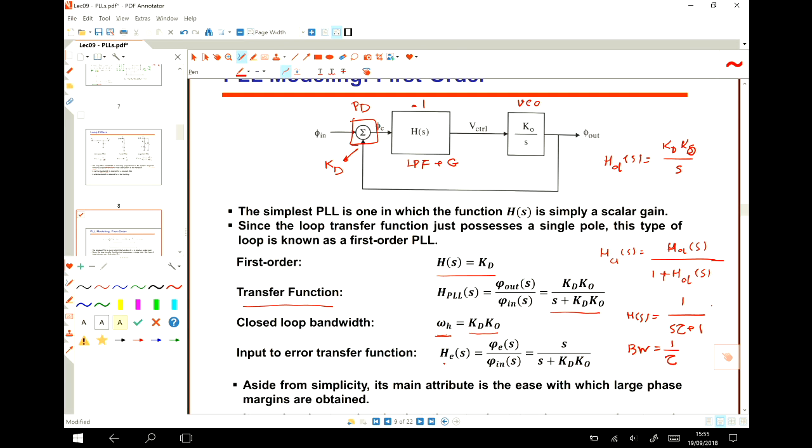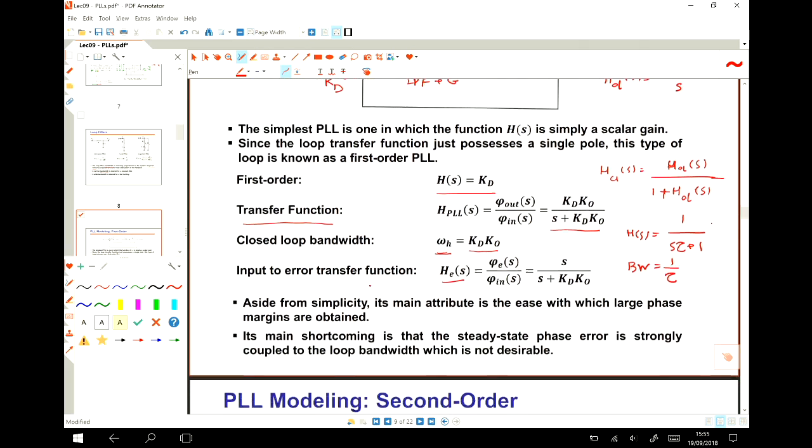And then the error, if we look at this point in relation to the input, the error which is phi e divided by phi in, we can say the error is coming from this. The main advantage is that this is simple, and it has a very large phase margin.